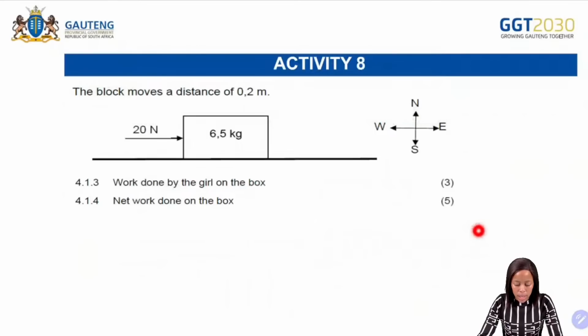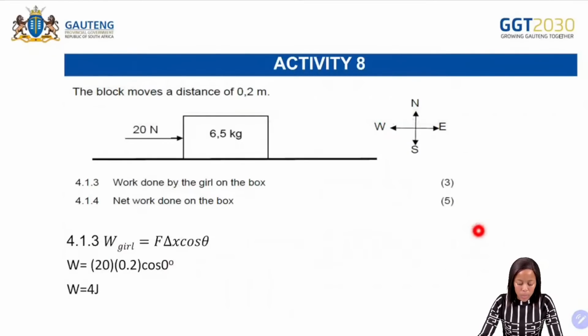4.1.3: we need to calculate the work done by the girl on the box. So again, we are going to use our formula, which we take from the formula sheet.